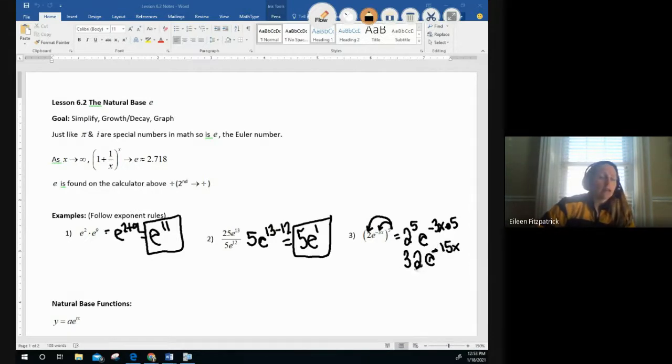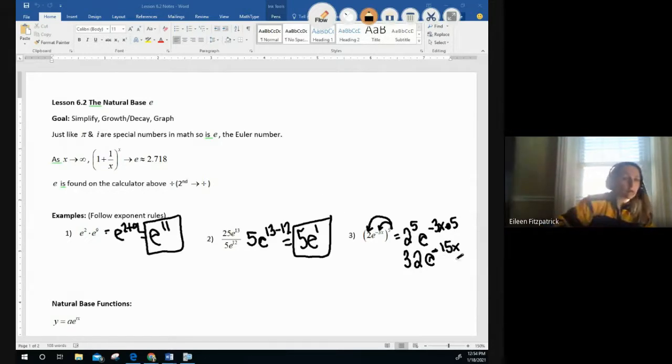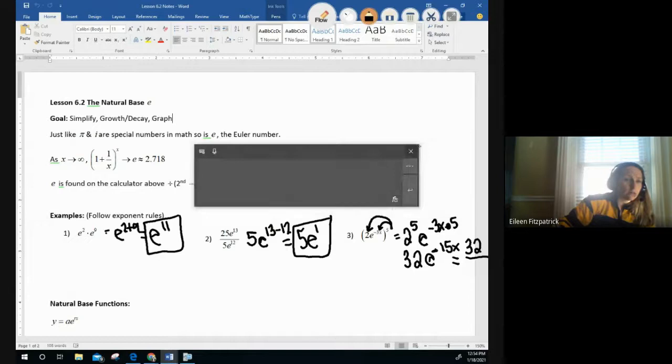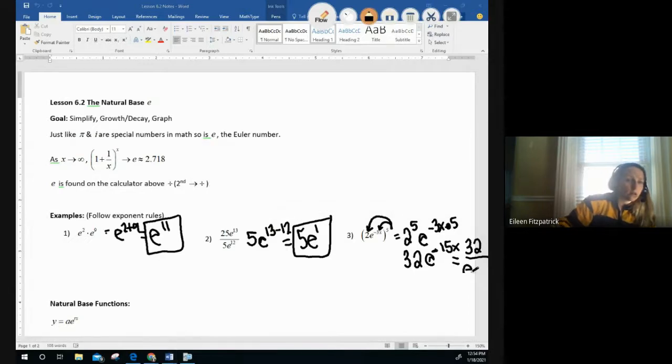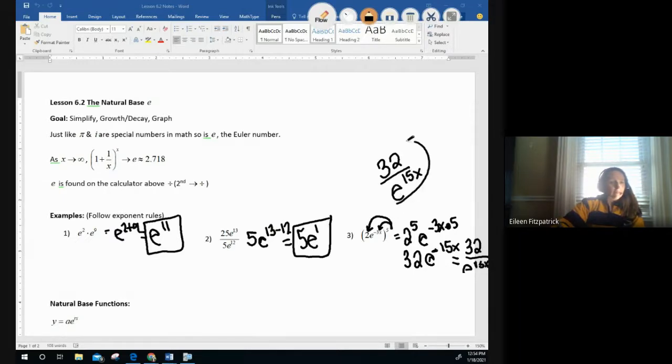Now, the very last thing is just to clean it up. I can't have negative exponents. So to turn that exponent into a positive, we write the answer as 32 over E to the positive 15x. Okay, the exponent becomes positive. I'm going to write that up here just so it's a little easier for me to see. 32 over E to the positive 15x would be your final.